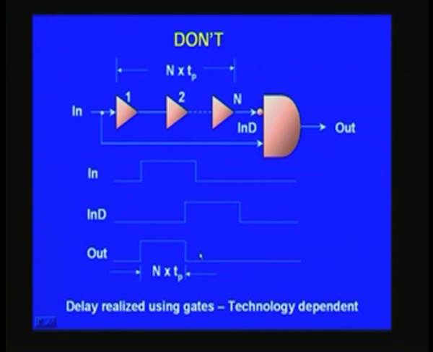In the traditional way which designers normally follow, which is an erroneous design practice, you put different buffers in order to achieve n times the propagation delay. For example, Tp is the propagation delay of each of these buffers. So finally you have a total delay of n into Tp at this point.